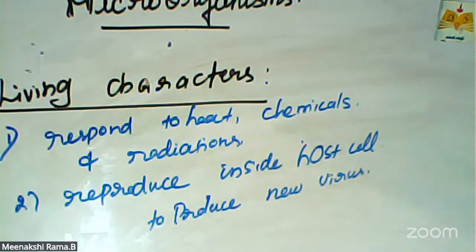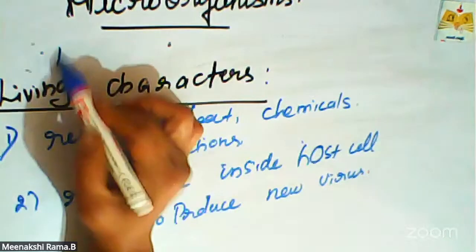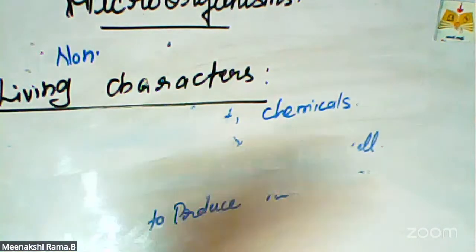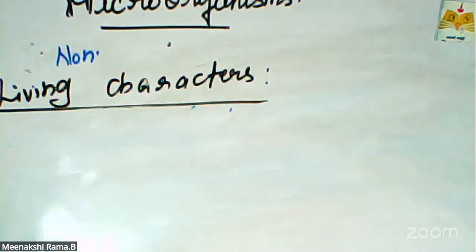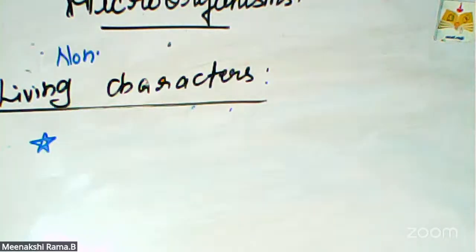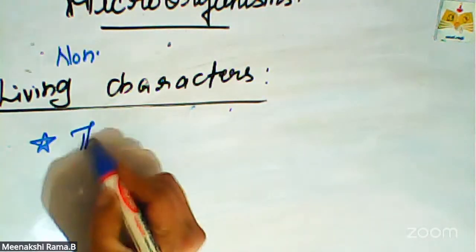The next one is non-living characters. What are the non-living characters? They are inactive when present freely in the environment.